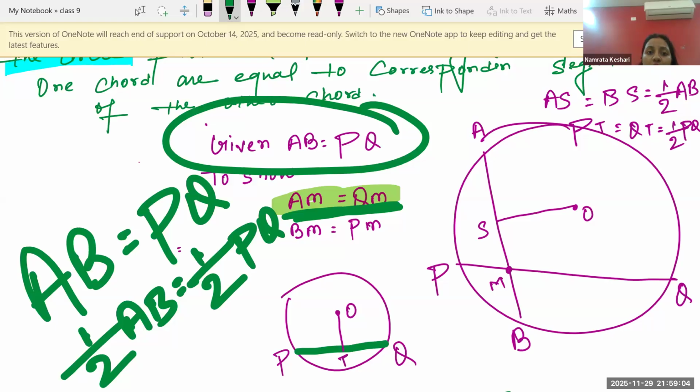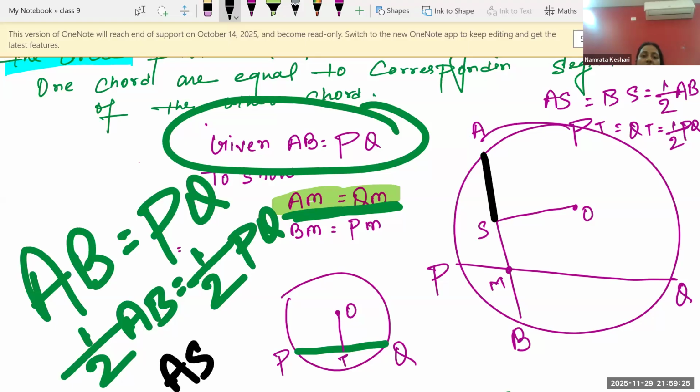Strictly keep this figure in your mind: half of AB means AS.